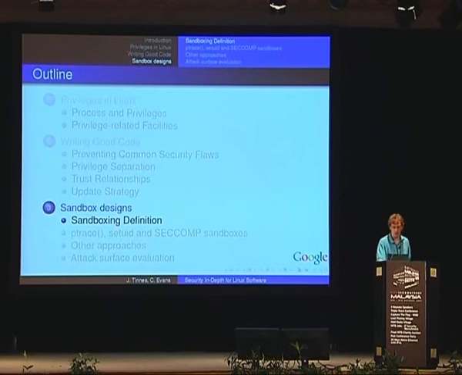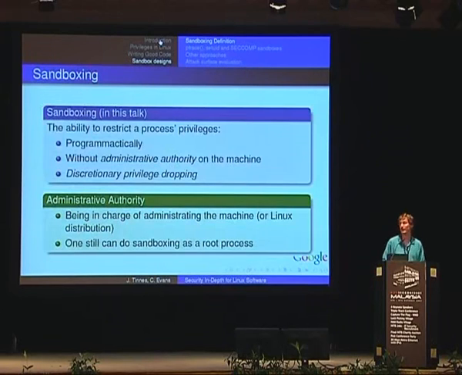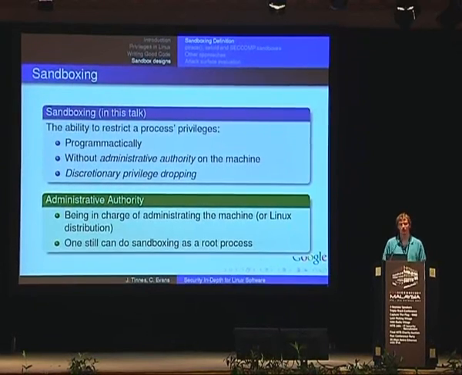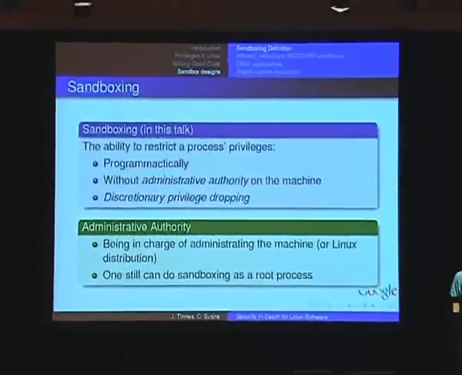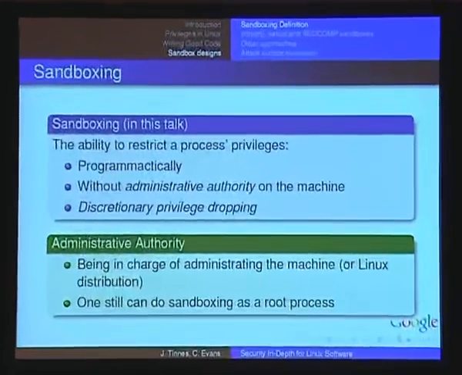So first, I need to define sandboxing. In this talk, we call sandboxing the ability to restrict a process's privileges programmatically without administrative authority on the machine. We also call it discretionary privilege dropping.